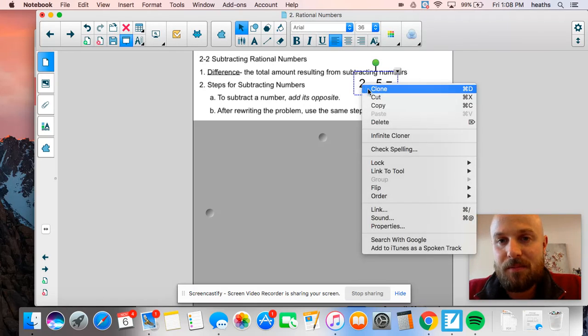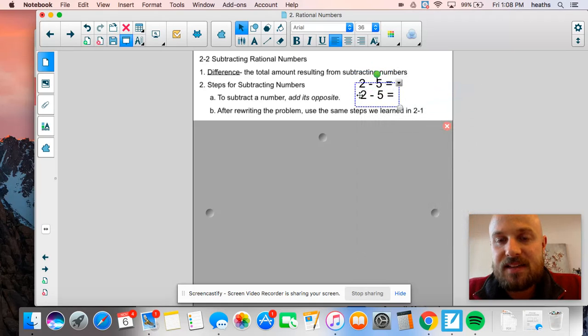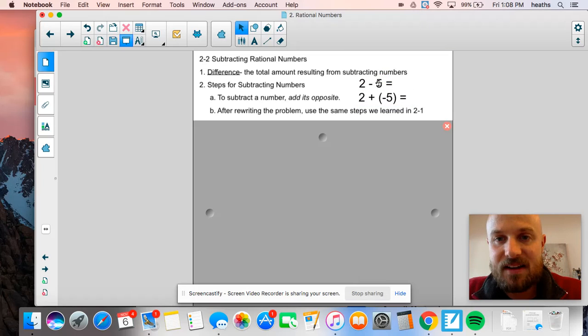So I'm going to make a copy of this. And instead of doing 2 minus 5, the opposite of minus is plus. And the opposite of that positive 5 is going to be negative 5. So essentially, I took this 2 minus 5 equals whatever, and I added the opposite.